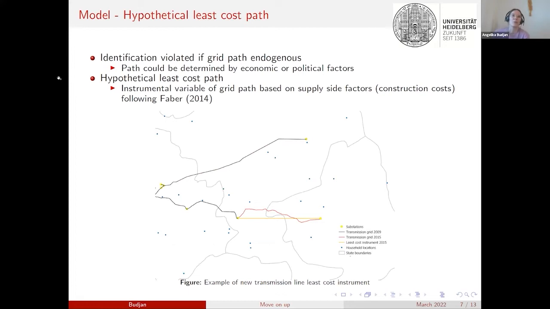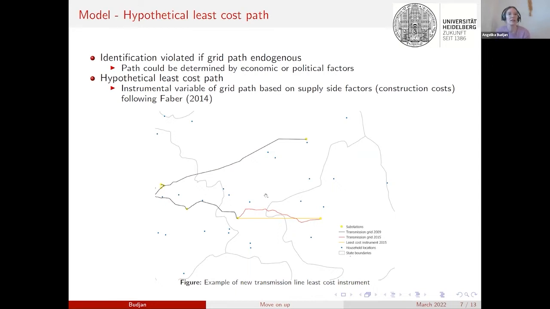And so the identification assumption would be violated if the path between two substations was also endogenously determined. So we can imagine that, for instance, here, this red transmission line was newly constructed, and you can see it has a sort of bump upwards. If the community living here in the north was politically or economically more important, then there would be a bias in the estimate.